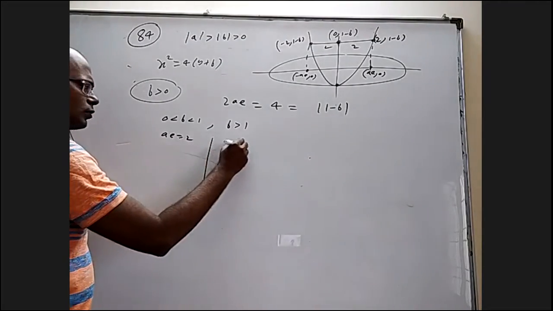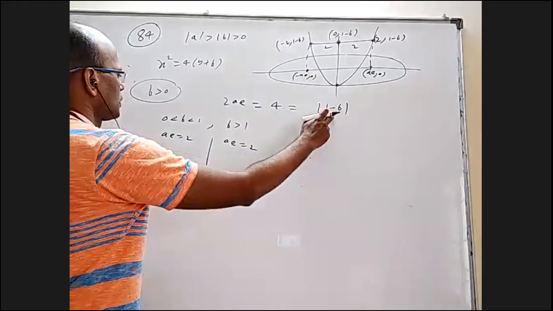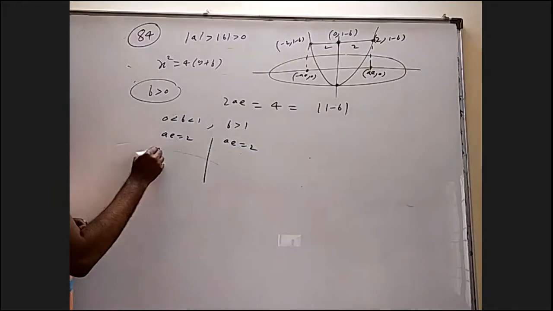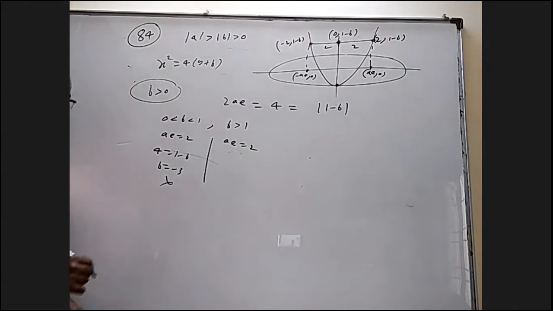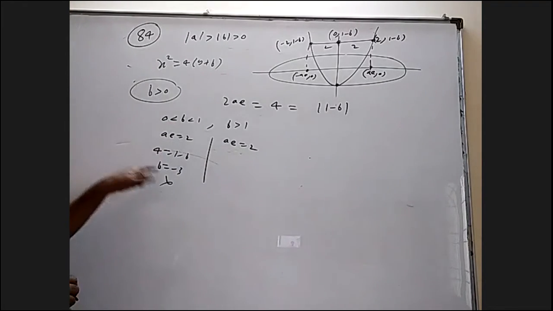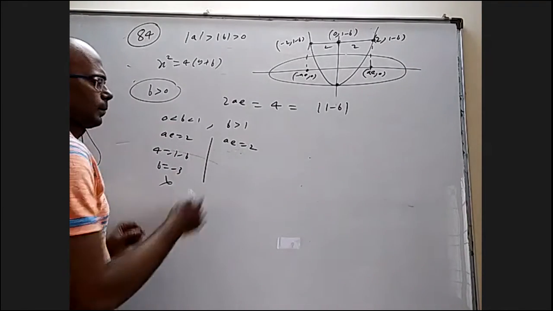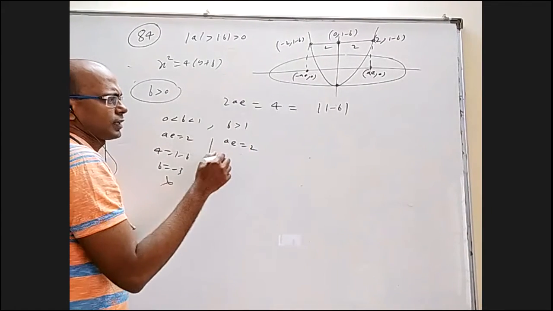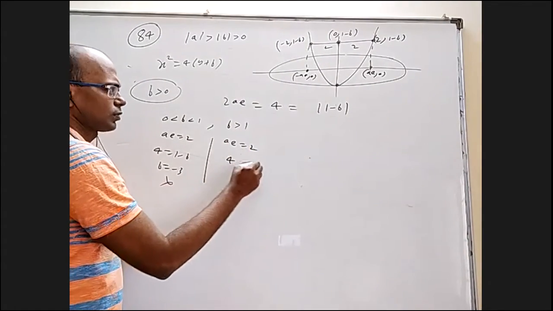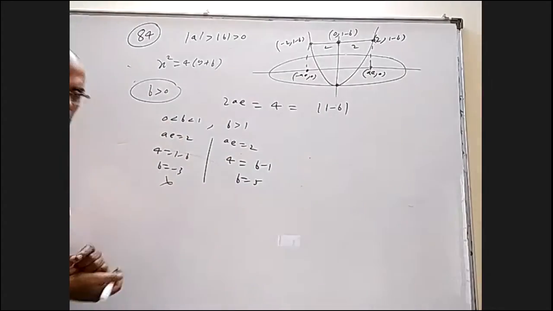If b is between 0 and 1, I should take 1 minus b equal to 4. So b equal to minus 3 is actually meaningless because it doesn't belong to this case and b is positive. And if I take this other case, I should take b minus 1. 4 is equal to b minus 1, b equal to 5, b is positive, everything looks fine.